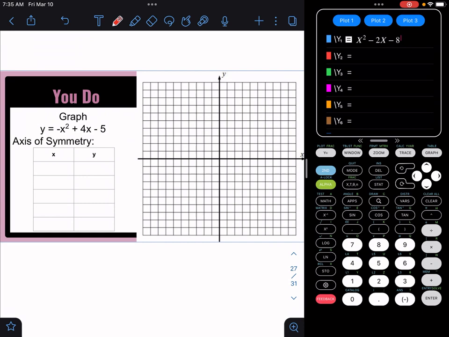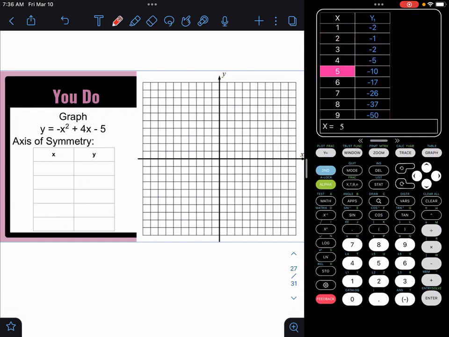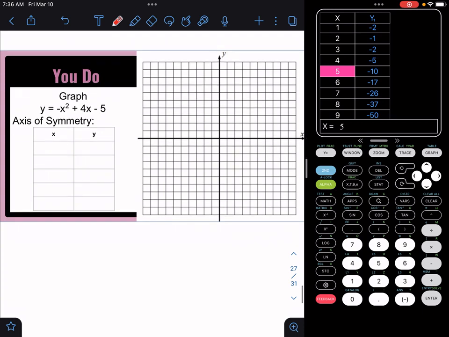And let's try our last problem, this you do problem. Let's try it. Y is equal to -x squared plus 4x minus 5. Enter. I already know it's going to go down because I see the negative. Let's go to our table. Let's try to find the axis of symmetry ourselves. So x equals -b over 2a. The number in front of x squared is -1, and the number in front of x is 4, because that's our b value.